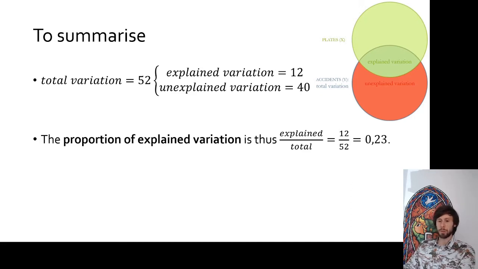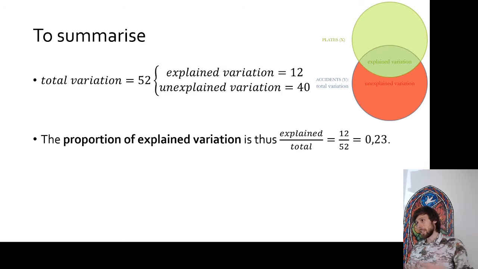It's 0.23, or in other words, it's 23%. And now this number, I feel, is reasonably tangible. So now we can say 23% of the variation in the accidents is related to the fact that some waiters were carrying more plates simultaneously than other waiters were doing.